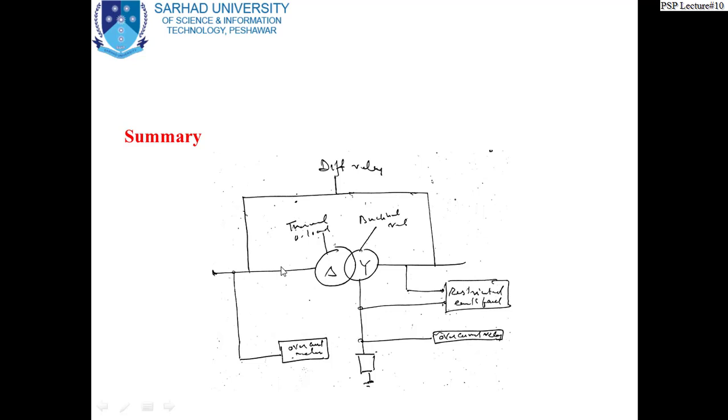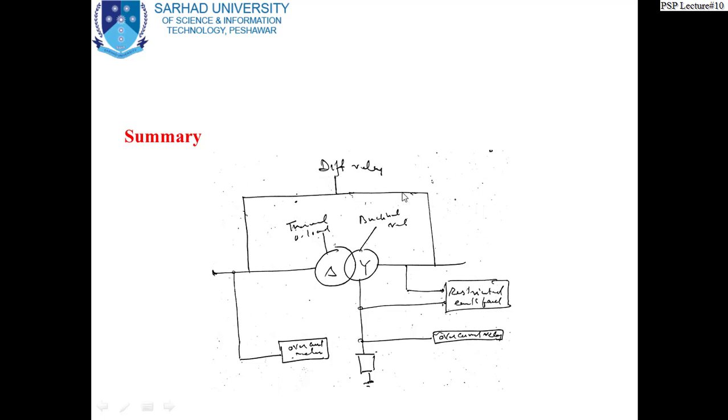Okay. Now, gentlemen, the summary of this chapter. The summary of the transformer protection is given in this particular diagram. Very important. Now, starting from the top, the main protection for a large rating transformer is differential protection.